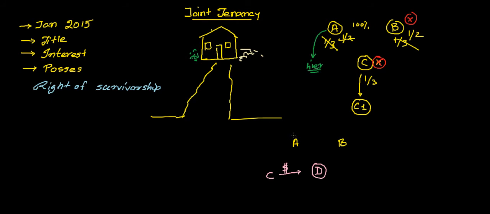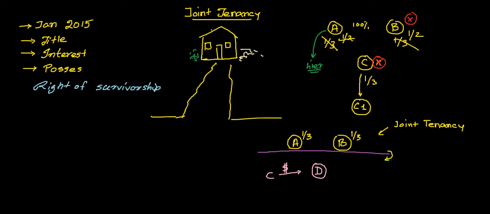A and B still are in joint tenancy with 1/3 and 1/3, but the relationship among A, B, and D is that A and B are in joint tenancy, whereas D is going to be a tenant in common.